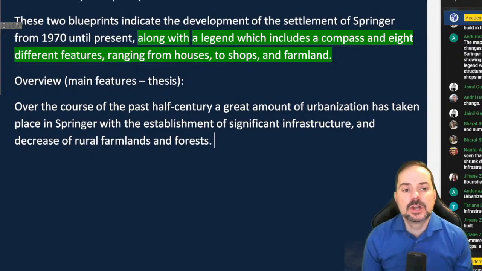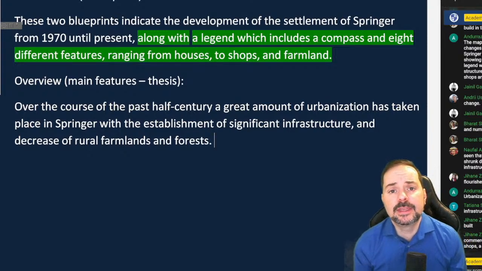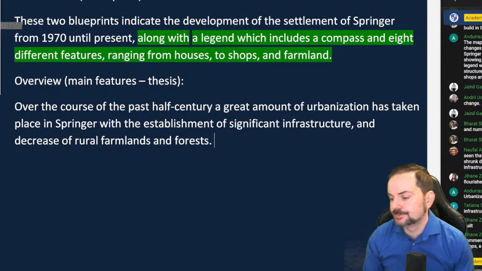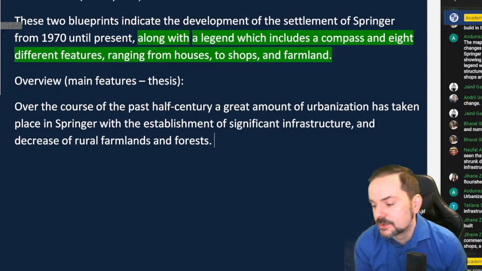Okay, so you can just do it like that, right? So again, this is just your overview. All right, remember it's about 30 words, right?